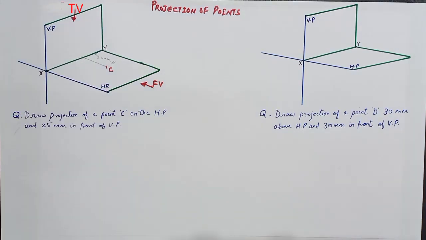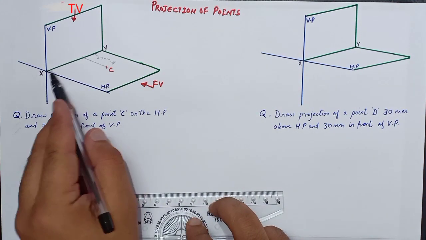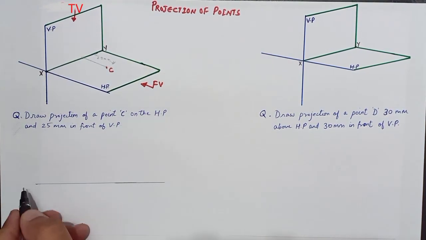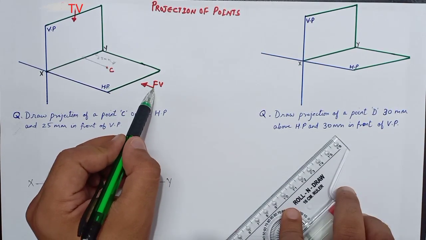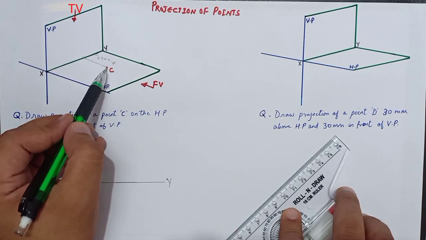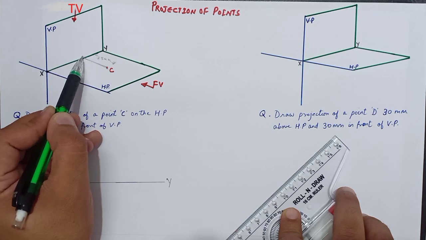Now projecting this point using orthographic view, first we need to draw the reference line XY. Now when we look from the front view, we can see on extending point C, the point C will lie exactly on reference line XY.